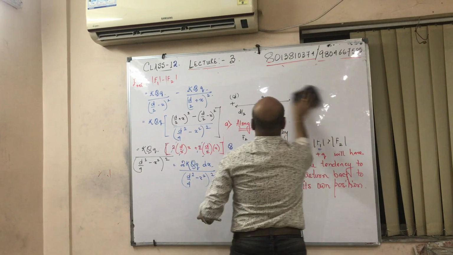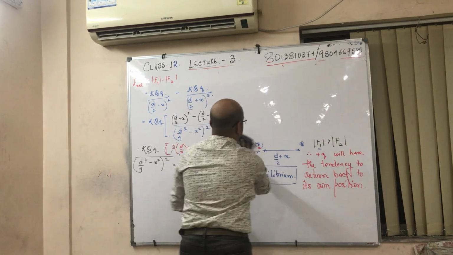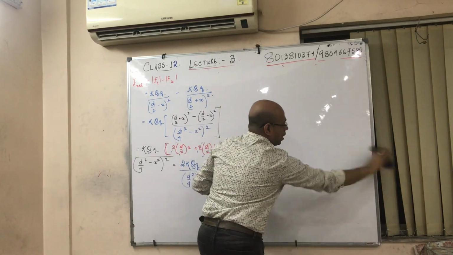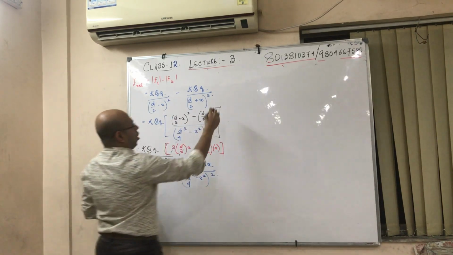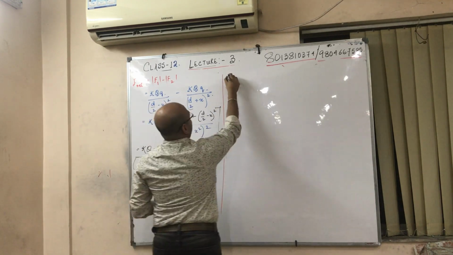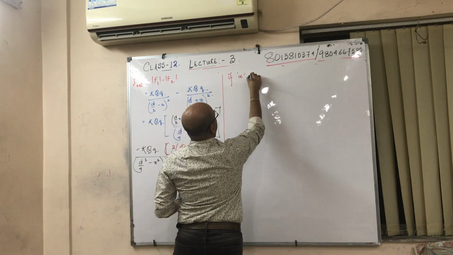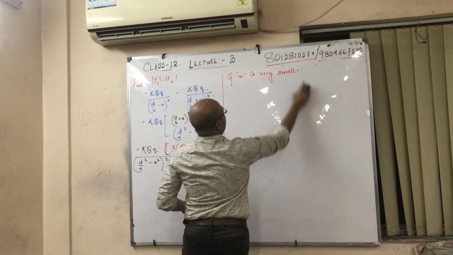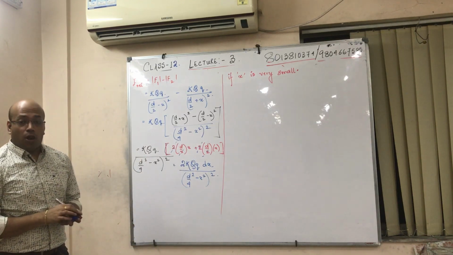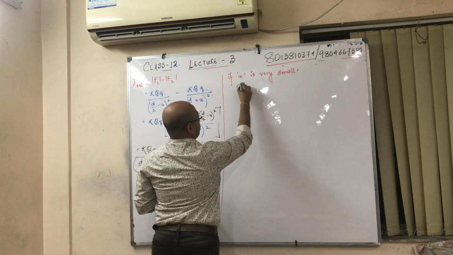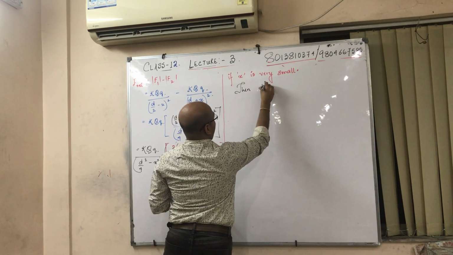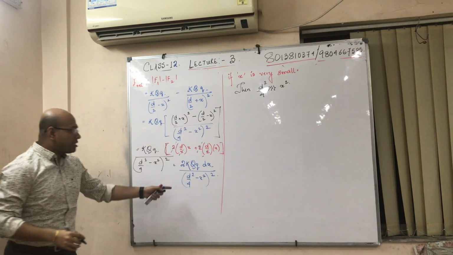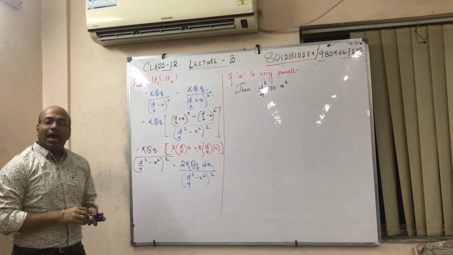It says, if x is very small, then d by 4 is very much greater than x square, and hence x square can be neglected.